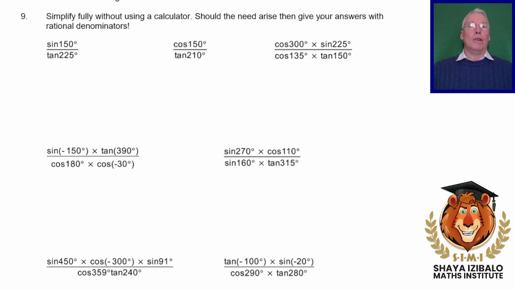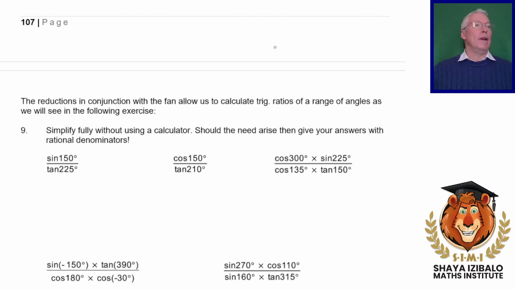Right, so let's just quickly revise the key bits of information that we need here. The first thing is we need the ability to calculate trig ratios of special angles. The second thing is that we need to be able to reduce angles. We need to do what we call reductions. And the reductions rely every time on knowing our CAST diagram, all sine, tan, cos.